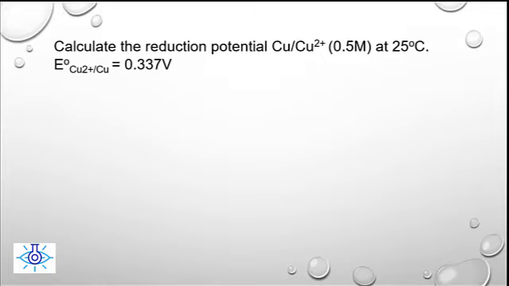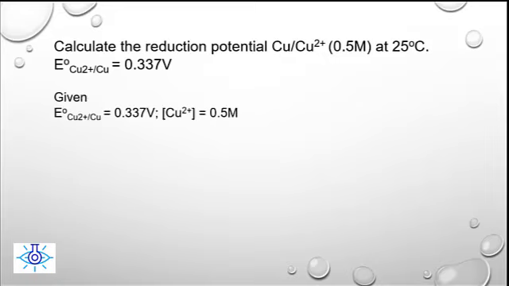Suppose a problem is asked like this: calculate the reduction potential of Cu/Cu2+, which has a concentration of 0.5 molar at 25 degrees Celsius, and the E0 value of copper is given, which is 0.337 volt. Now how to do this problem?